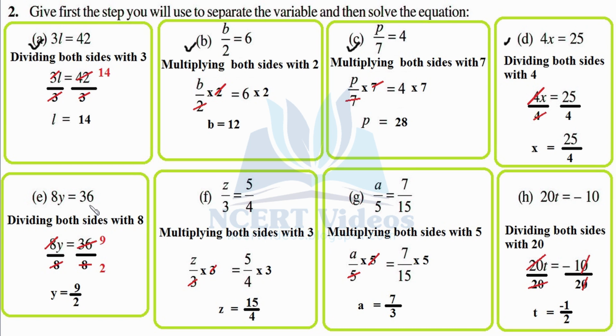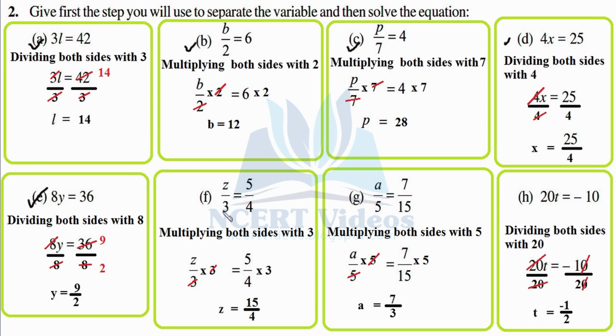E part, 8y equals 36. Multiplication, so we will introduce division, dividing both sides by that same number which we have to get rid of. 8y equals 36 as it is, division by 8 on both sides, 8 cancel, y separated, 4 twos are 8, 4 nines are 36. So it is y equals 9 over 2. F part, z over 3 equals 5 over 7.